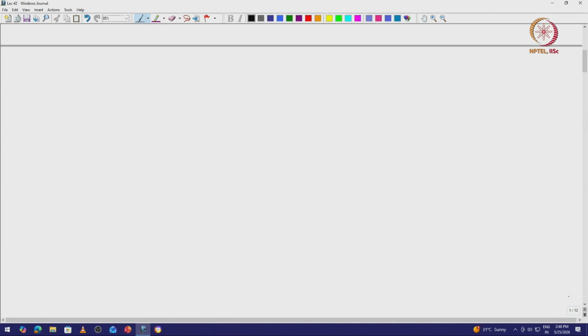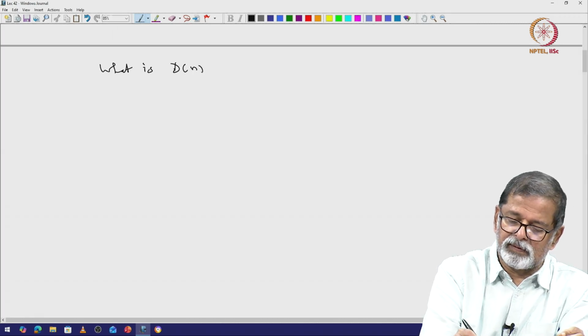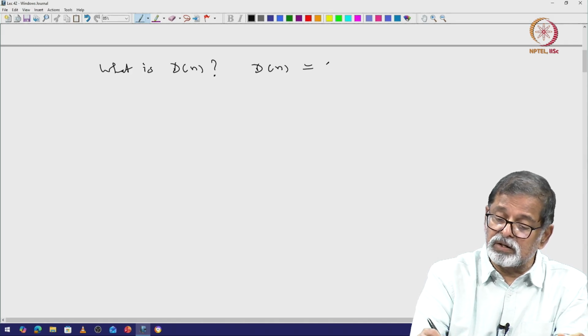There is no trace or any discussion related to Fibonacci numbers in the discussion so far. Here now you will see that Fibonacci numbers are coming into picture. So what is dn? We are going to show that dn is order log n.